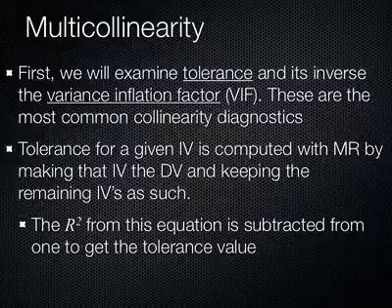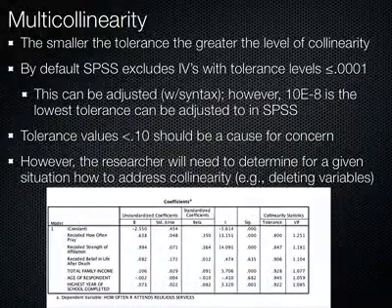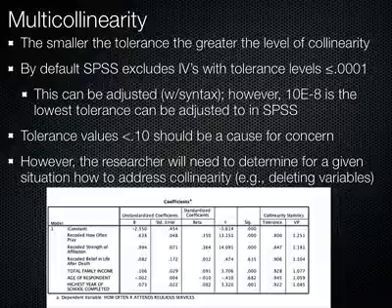Let's try to do it. We'll do it for one of our variables. I think if we sort of walk through the logic, you can see what I mean. So this is the same analysis that we worked with last week. Dependent variable is how often somebody attends religious services. The tolerance value for how often they pray is 0.8.